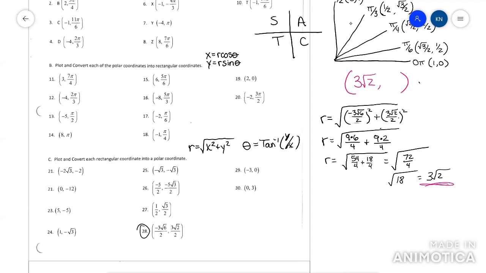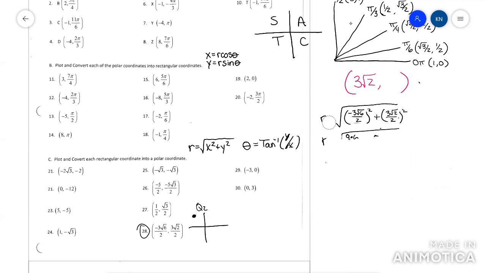Now I still need theta. And so I would have plotted this point, the original. -x, +y would put it here in quadrant 2. All right, so now I have to go get theta. It's going to look like this.